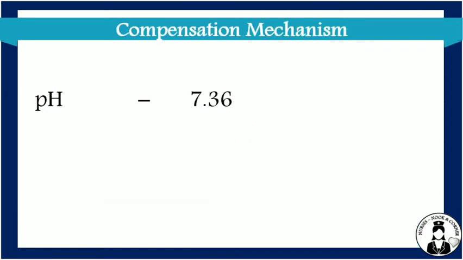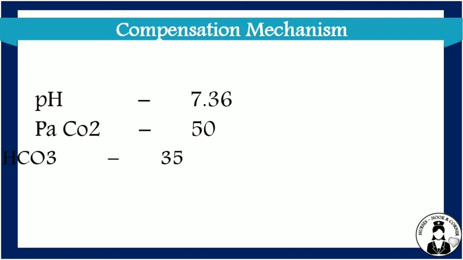So pH is 7.36, PaCO2 is 50 and HCO3 is 35. Here pH is 7.36, so it is nearly to the acidic side, and PaCO2 is 50. So in case carbon dioxide is increased, then it is a respiratory.